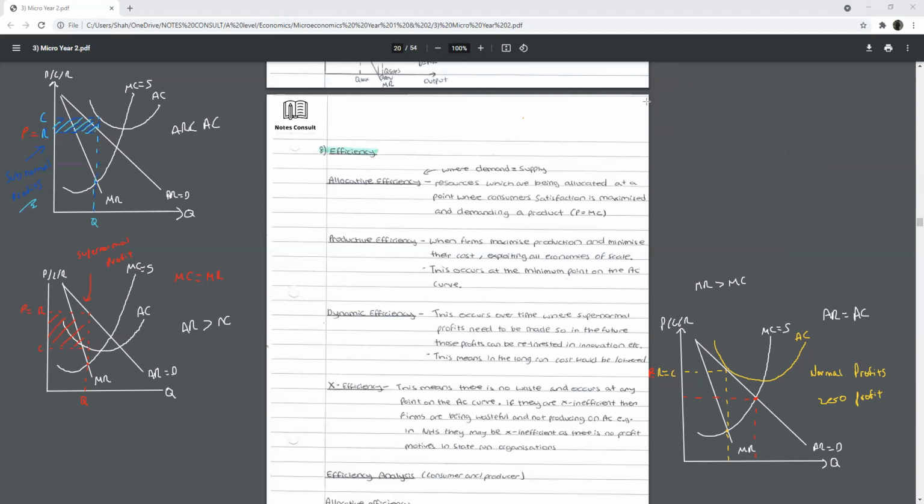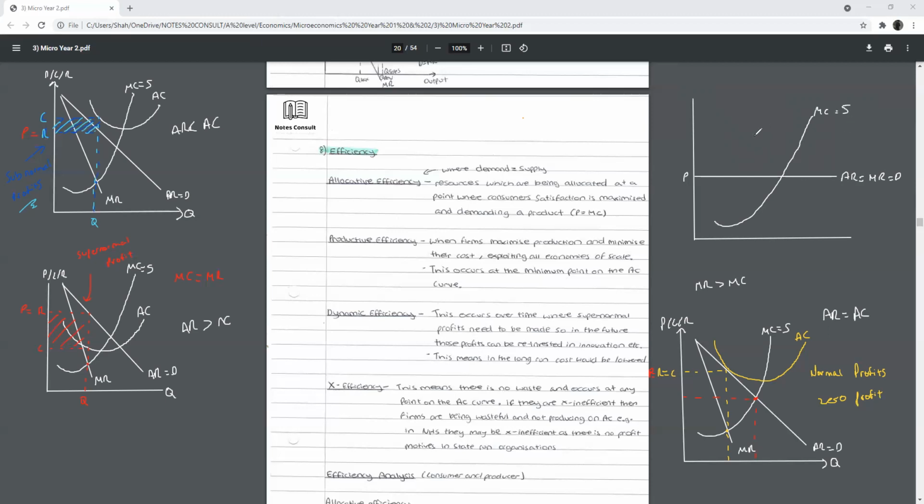So let's draw the perfect competition firm again. Remember, their revenue curve looks different. The revenue curve is just a straight line because they can only charge one price. This is the price. My average revenue is equal to marginal revenue is equal to demand. My marginal cost, which is equal to supply.